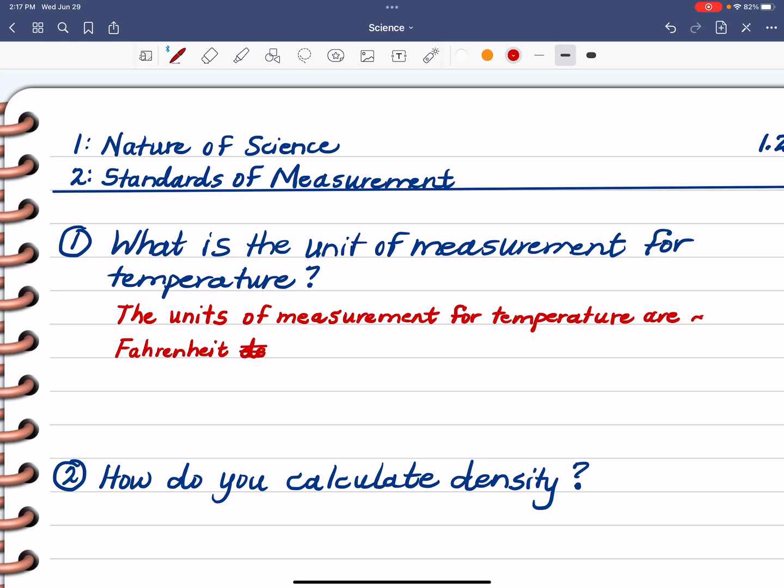I'm going to come up here and I won't have to keep writing the word degrees. Are degrees Fahrenheit in the customary system. Then put a comma. Celsius or centigrade in the metric system.